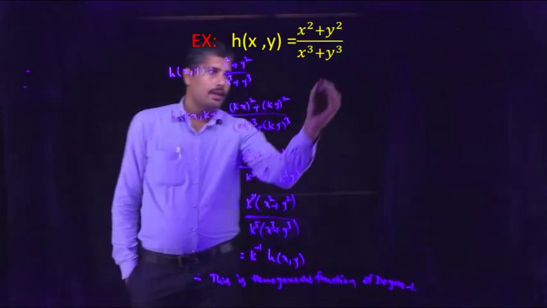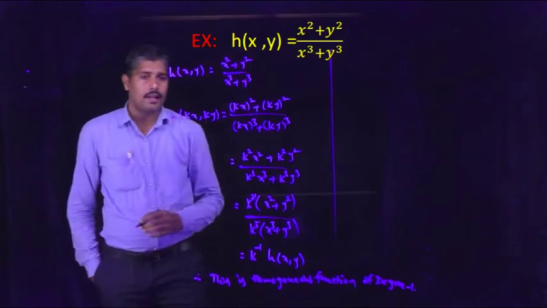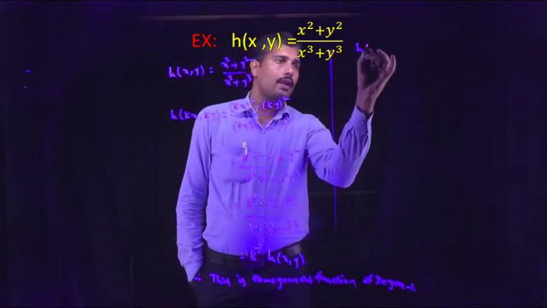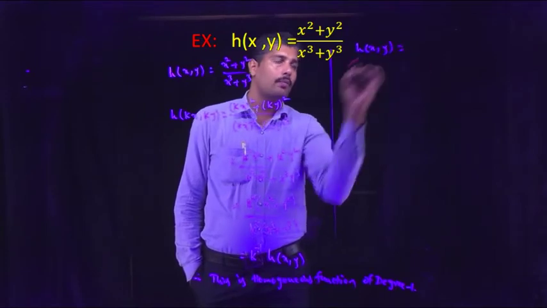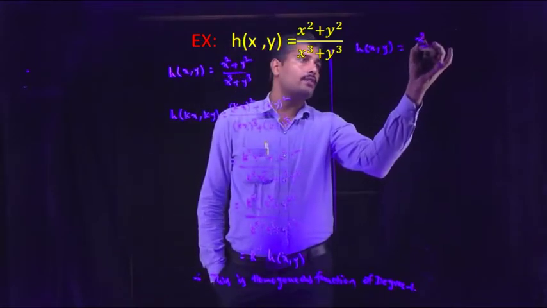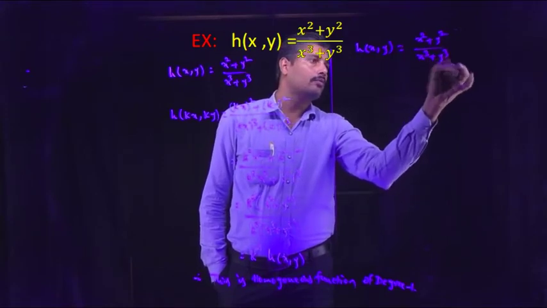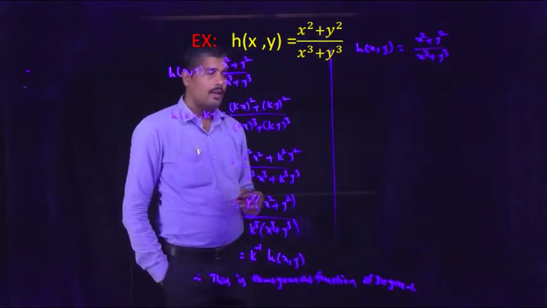Okay, see, in another way we can also say that h(x, y) = (x² + y²)/(x³ + y³). Right?